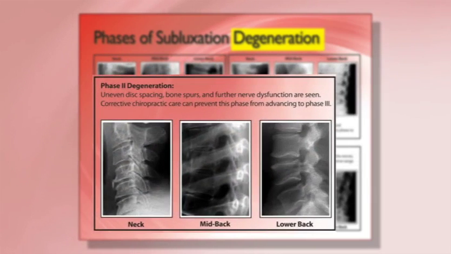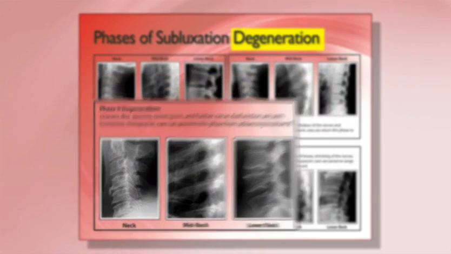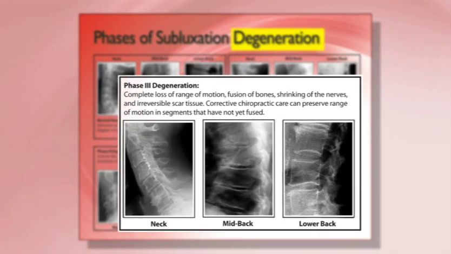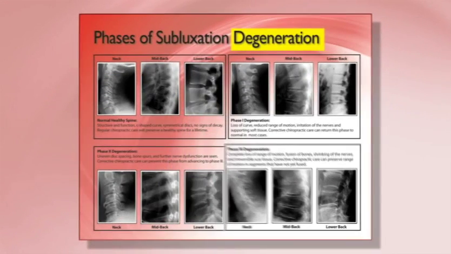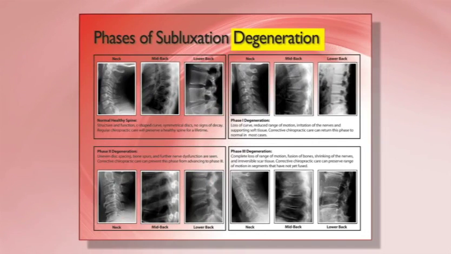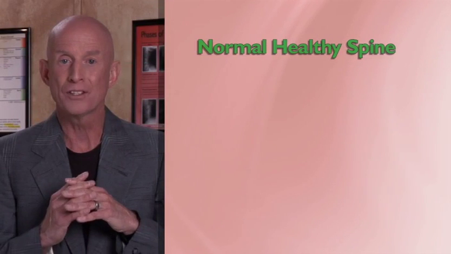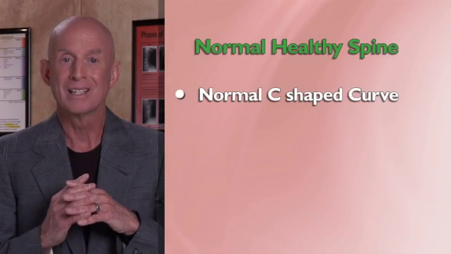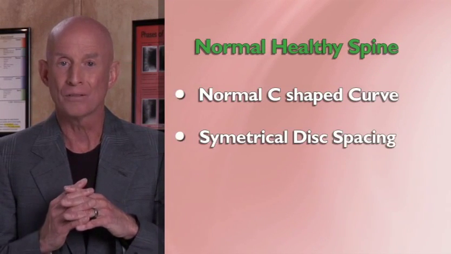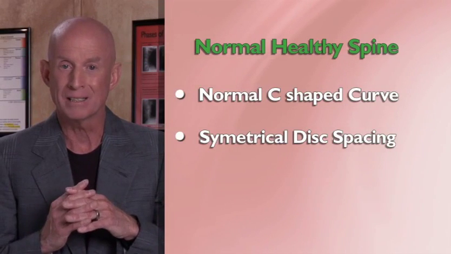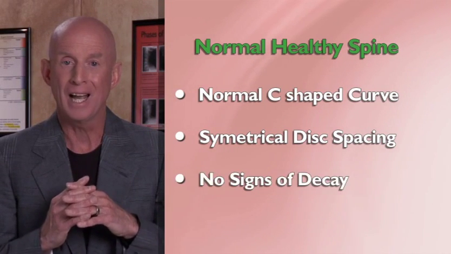Those in the bottom left are all phase 2, and finally, the bottom right are all phase 3 degeneration. In the sentence under the top left quadrant, you'll notice it says that a normal healthy spine has first C-shaped curves, symmetrical disc spacing, and no signs of decay.